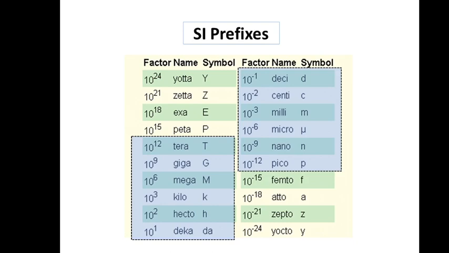But here we have 10 power minus 1, minus 2, minus 3, minus 6, minus 9 and minus 12. These are the generally used factors.